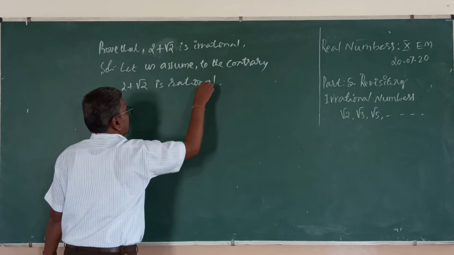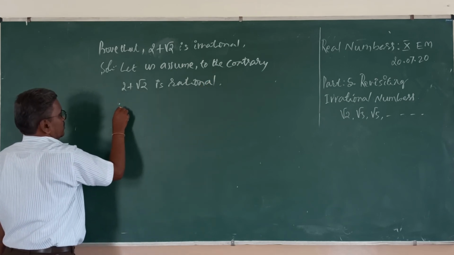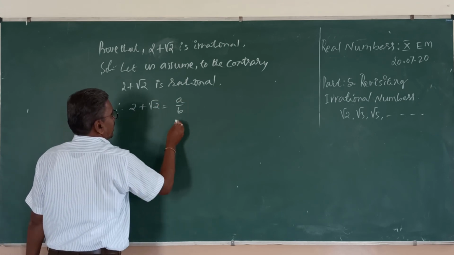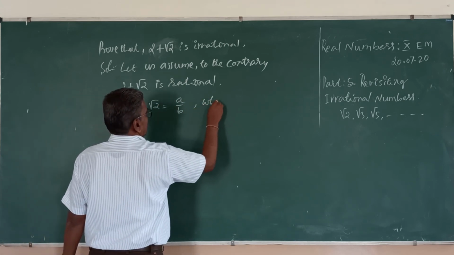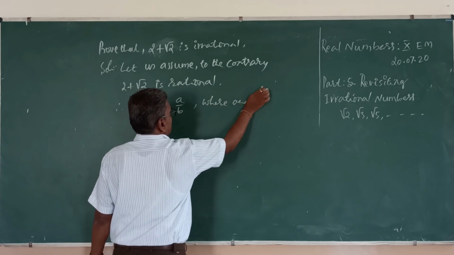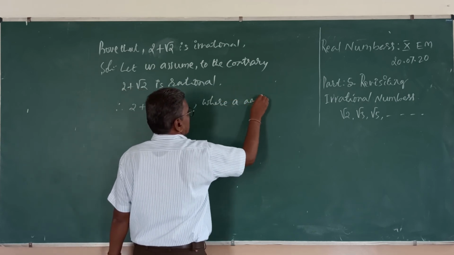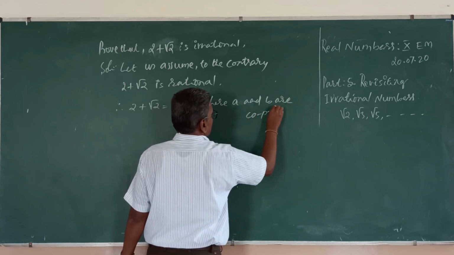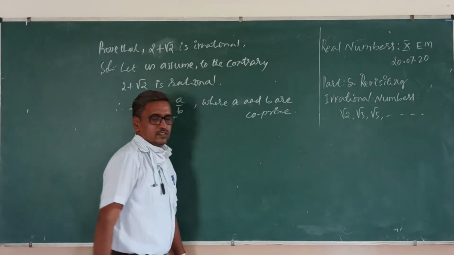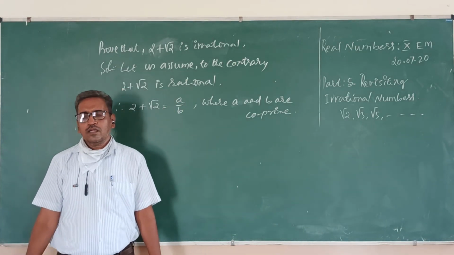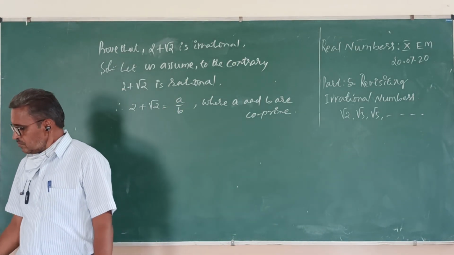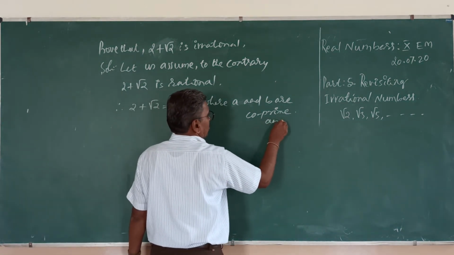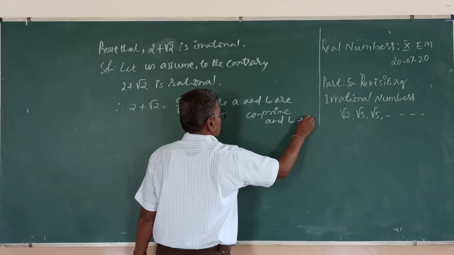We are assuming that it is rational. Therefore 2 plus root 2 equals a by b, where a and b are co-prime, meaning integers, and b is not equal to 0.